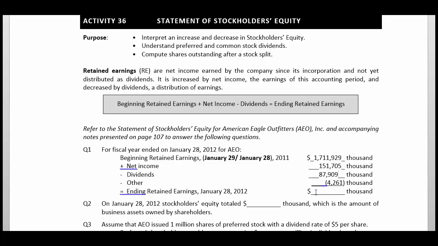Other is just given to you because it's needed to make everything work. And then the ending balance is $1,771,464. There you go, so those would be the figures.